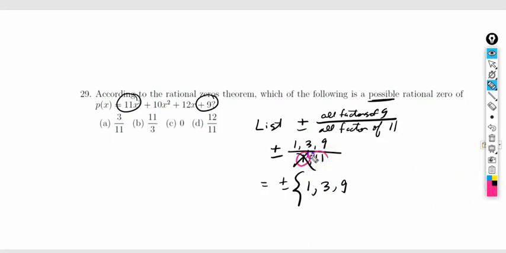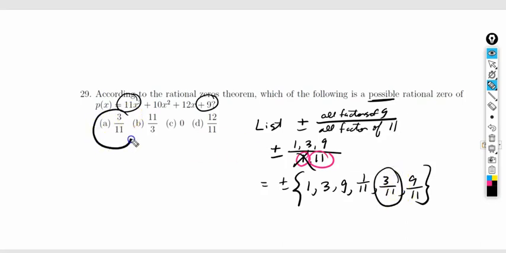Then if my denominator is 11, I'm going to get 1 over 11, 3 over 11, and 9 over 11. And plus or minus. So 3/11 is in the list. So I'm done. But let's go through. 11/3 is not in the list. 0 is not in the list. And 12/11 is nowhere in the list.